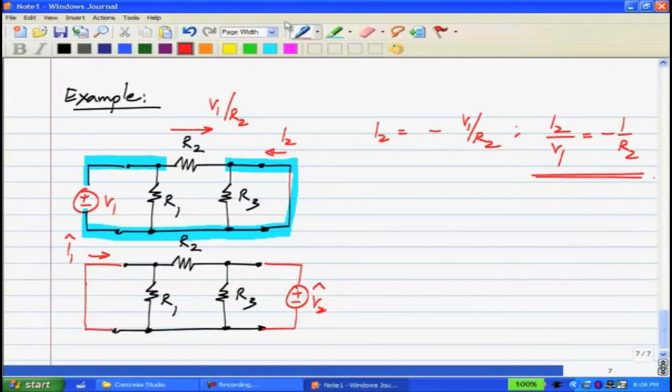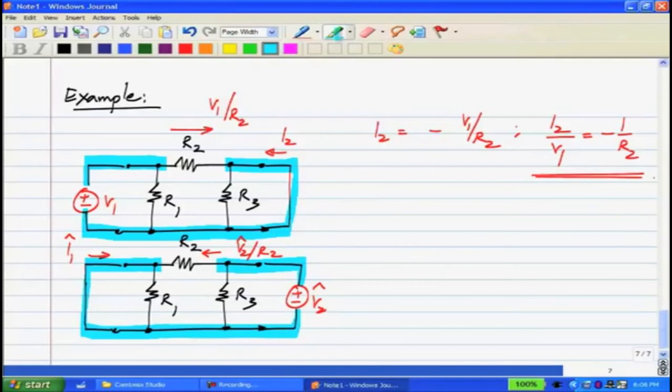If you now look at the lower circuit, again because of the short circuit, this voltage V2 hat appears across R2, and therefore the current in R2 is V2 hat by R2. And again, because of the short circuit, no current flows through R1, and because of the way we have chosen the direction of I1 hat, it will be equal to minus V2 hat by R2.